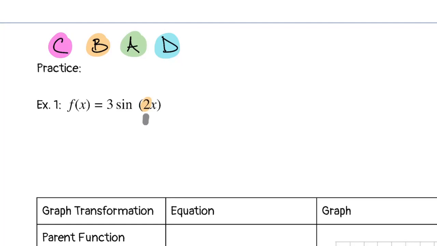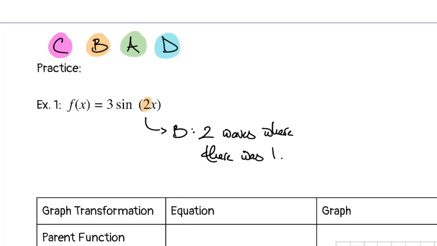And this B actually tells us how many more waves we're going to see. Okay. So now we're going to see 2 waves where there was 1. All right, we're going to see 2 waves where there was 1.